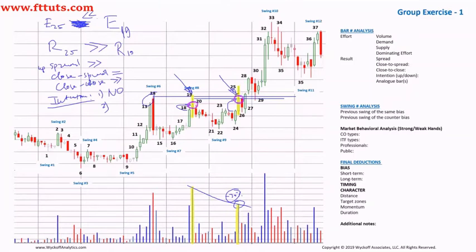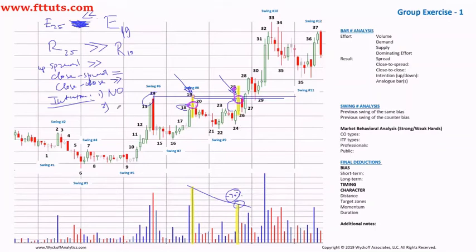Also, what can we say about the actual tail? On bar number 19, the tail does not touch the highest resistance. On bar number 25, not only does it touch, it actually overcomes it, and then on the intraday level tries to commit above and stay there, and then it fails back into the trading range.